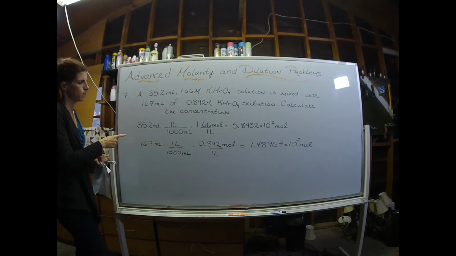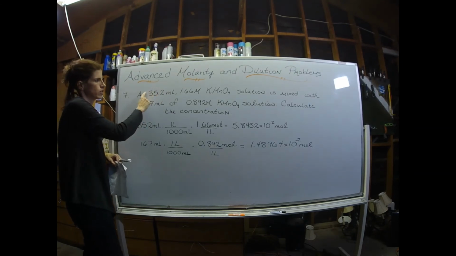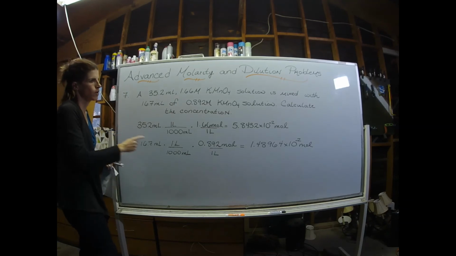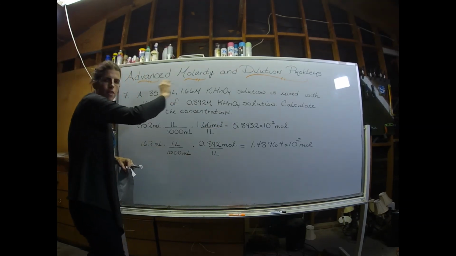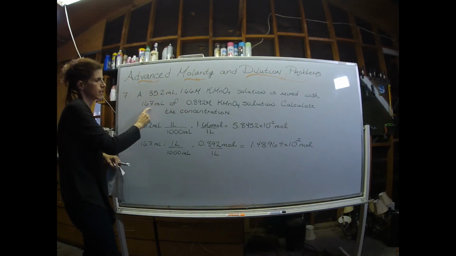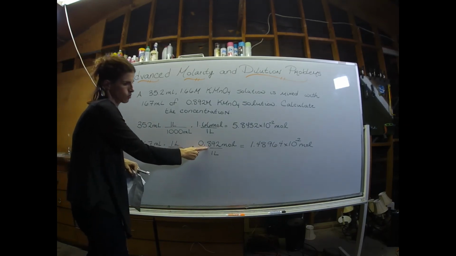I went ahead and took each respective piece of information, so the 35.2 mils and the 1.66 molar, and calculated the moles associated with that part of the mixture. And then I did the same thing for the 16.7 and 0.892 molar.